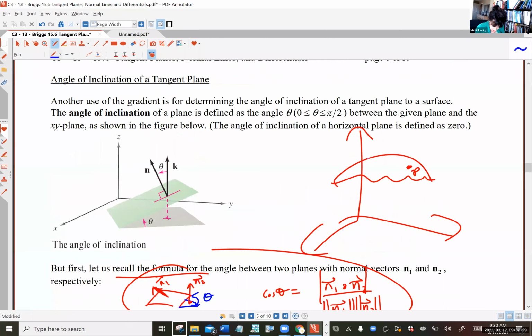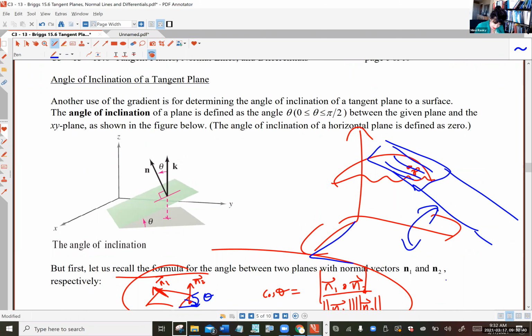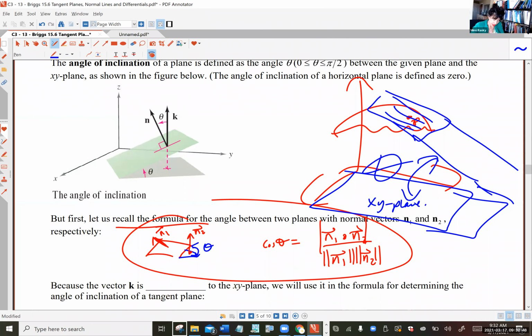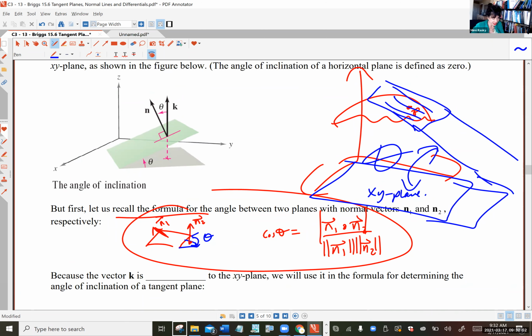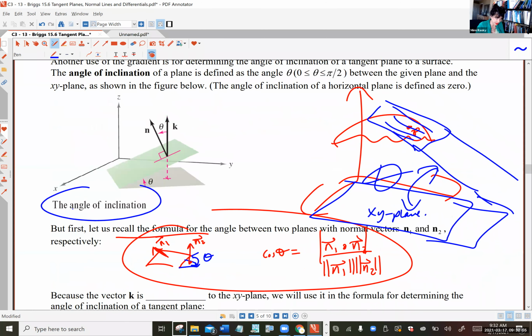If I could extend that plane all the way down, because it goes off in infinite directions, what angle is that plane making with the flat XY plane, with the horizontal essentially? That's known as the angle of inclination.